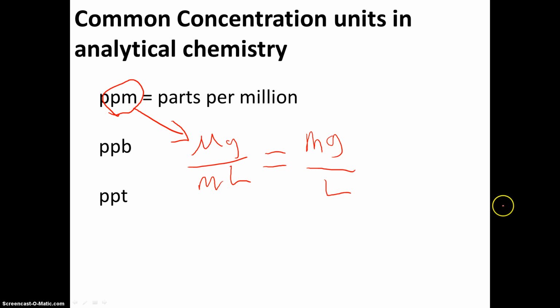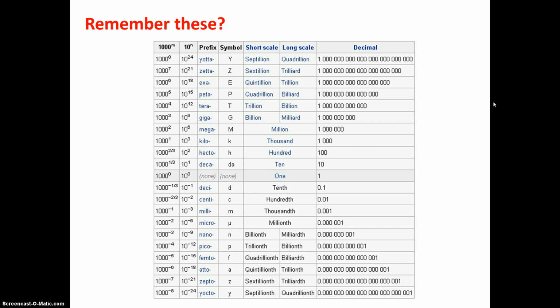If we go back and think about our prefixes here, you're going to see these a lot throughout this class. In particular, the ones I would say are of particular interest are these right here, where we go to, let's say, 1,000.